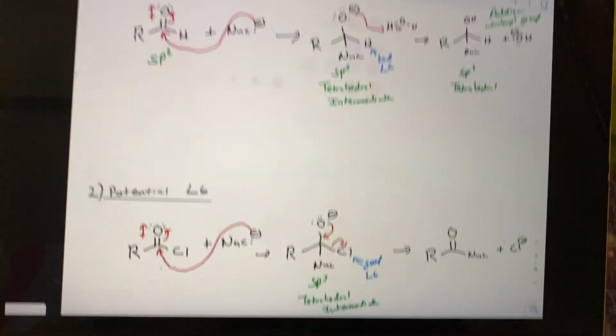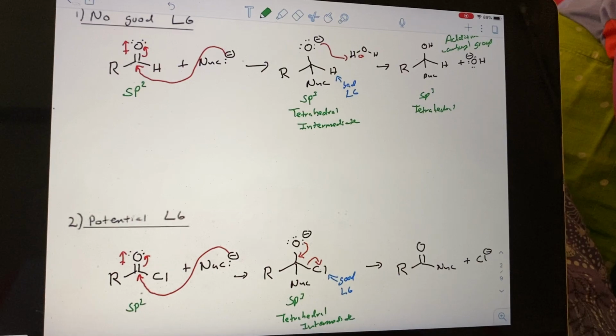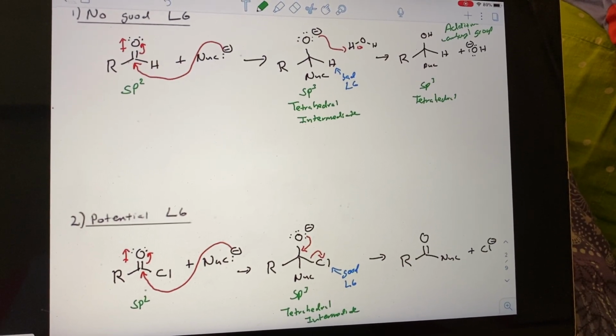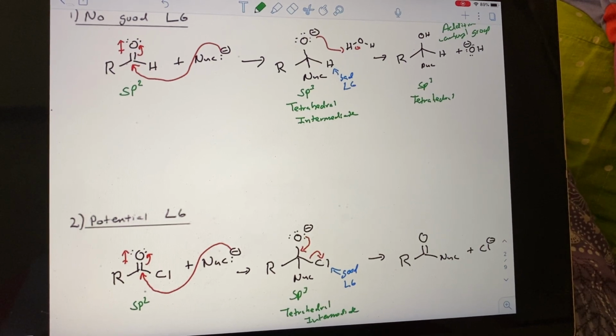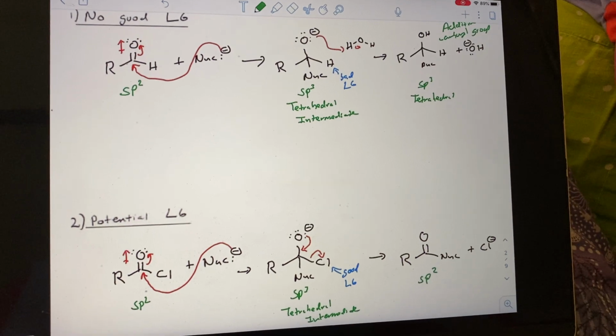So in this case, we've gone from the sp2 hybridized acyl chloride on the left to our sp3 hybridized tetrahedral intermediate in the middle. And we reformed the carbonyl group back to an sp2 hybridized species.